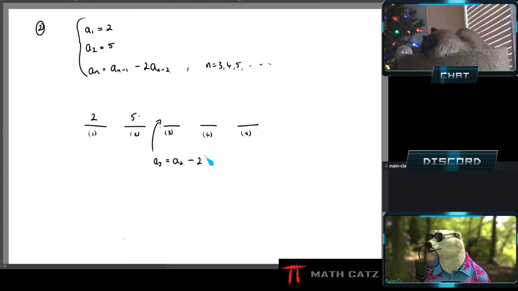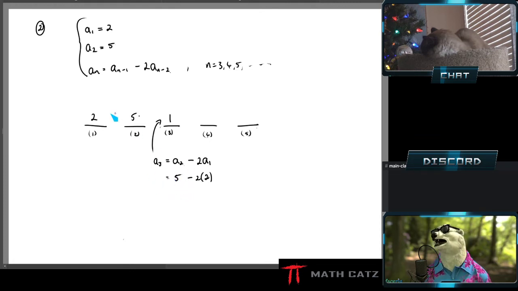Subtract 2 times the term 2 steps back from where I am. 3 minus 2 is 1. See? 2 positions back. I then calculate that. Well, the one right before me is 5 minus 2 times the one right before that is 2. 5 minus 4 is 1.